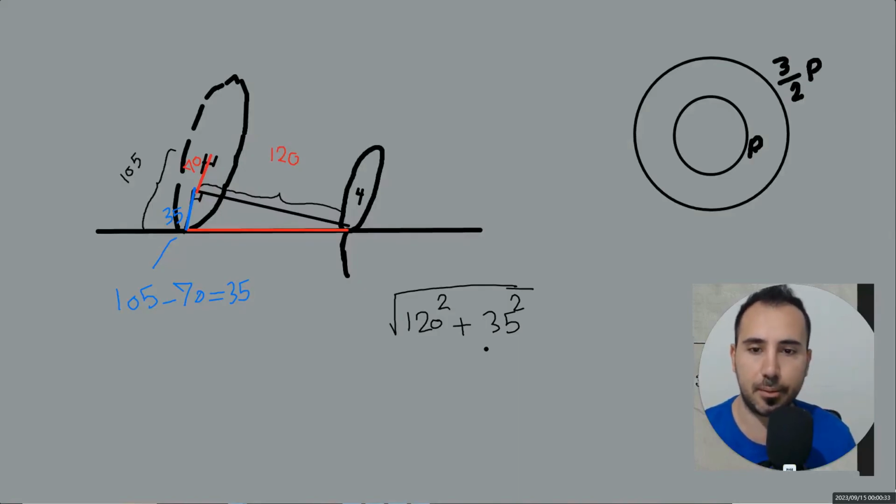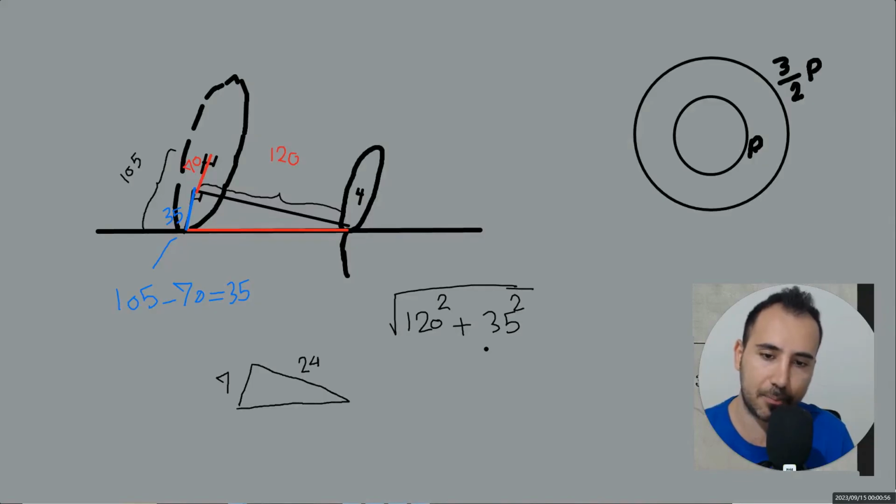Well, of course not, because both of these numbers are divisible by 5. So instead, let's divide this by 5, it becomes a 7. Divide this one by 5, it's going to be a 24. And we're going to find this one, and then we multiply it back by 5, because this one is too large.